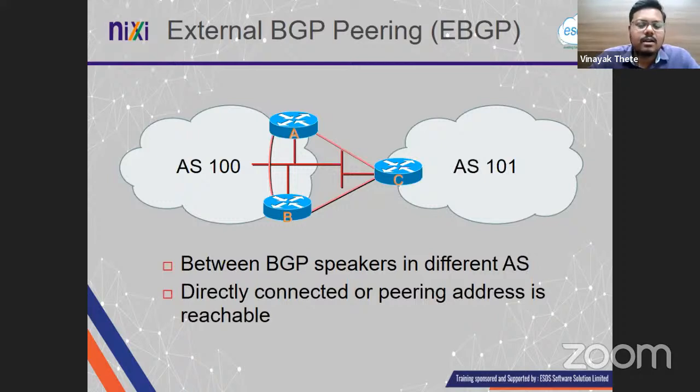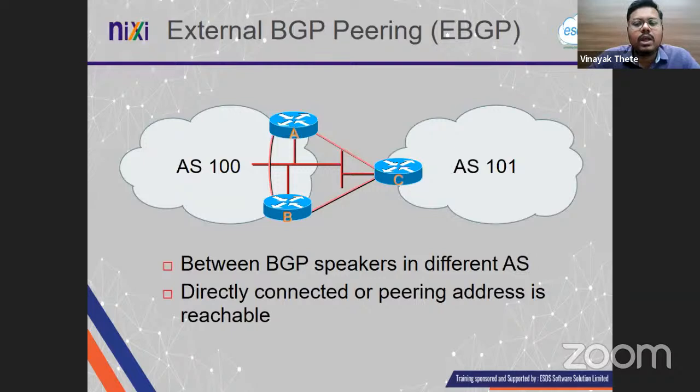If the packet goes over one router, the TTL value becomes 0 and the packet is dropped. In that case, the BGP neighborship will not come up, so it is mandatory that they be directly connected.